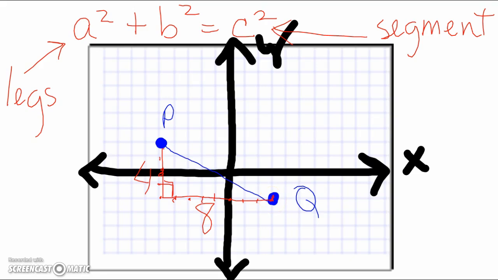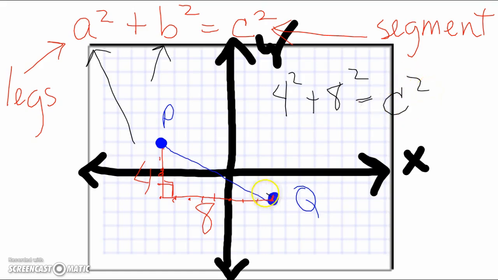And I simply did that by counting, like you did in Algebra 1 when you were messing with the slope or trying to calculate the slope of a line. And then I take these numbers and put them into the Pythagorean theorem. The 4 can be the A. The 8 is going to be the B part. And it'll look like this: 4 squared plus 8 squared equals C squared.